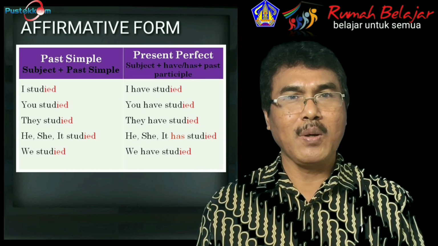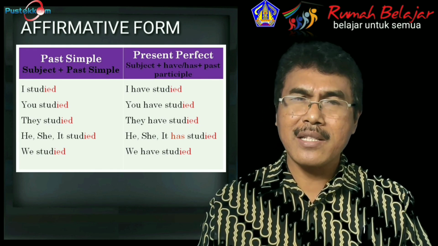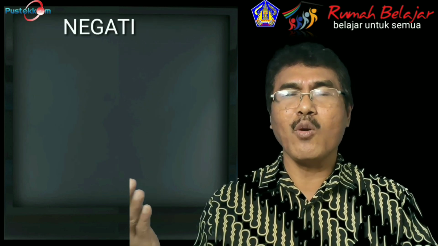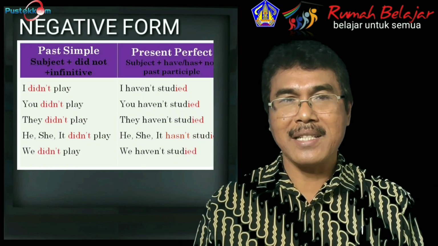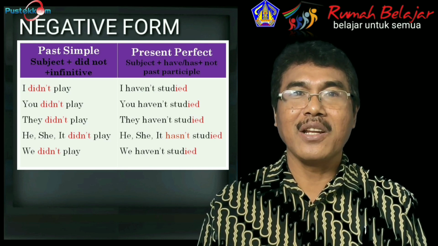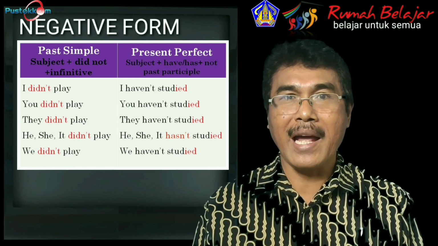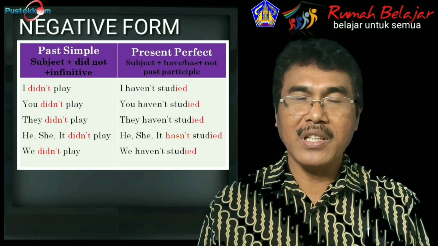Okay, before we talk about the affirmative form of present perfect, now let's discuss about the negative one. For past, subject plus did not or didn't plus verb 1 or infinitive.